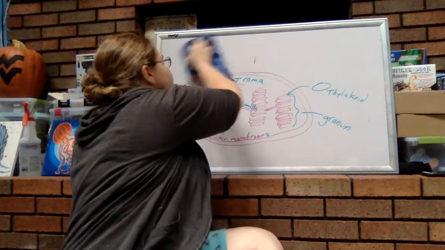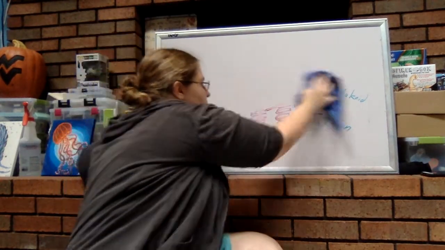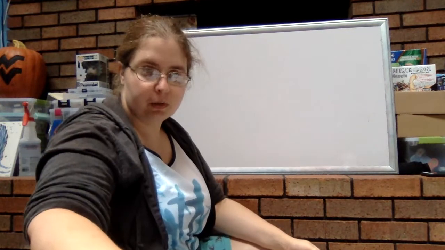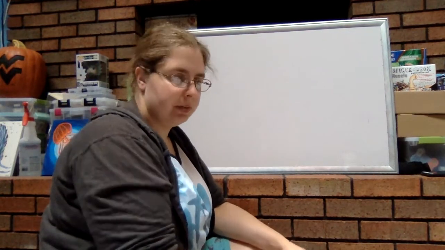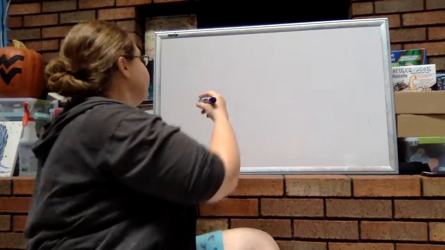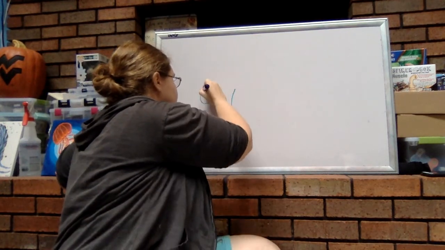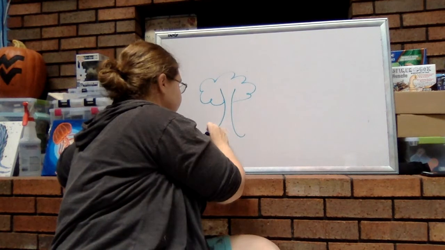Let's talk a little bit about what needs to go into this reaction for us to run it. Now, a lot of us know some of the basics of plants. We know that they take in carbon dioxide. So, here's my happy little tree.